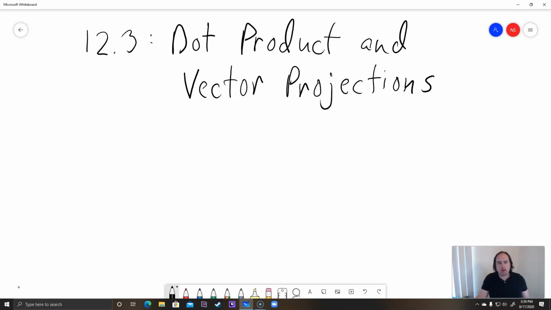Okay? So let's start with the dot product. It's actually not that complicated. It's pretty easy to calculate. And before we talk about the dot product, let's mention the other kind of multiplication we've dealt with in this course. So we learned about scalar multiplication in the previous section.